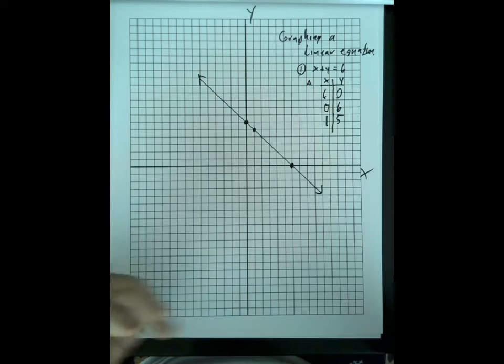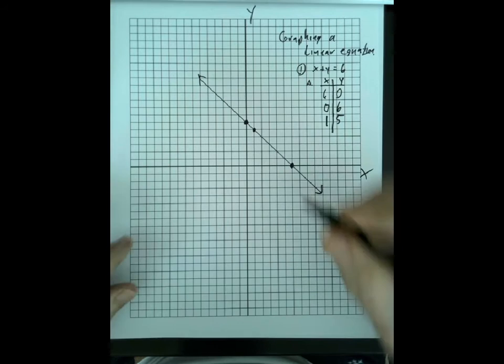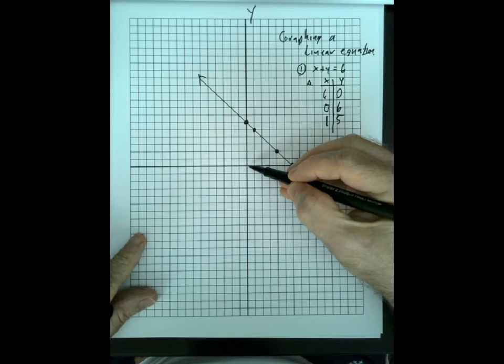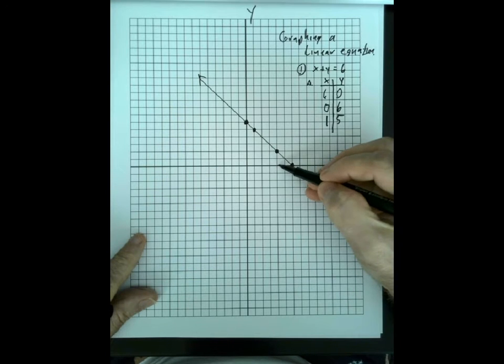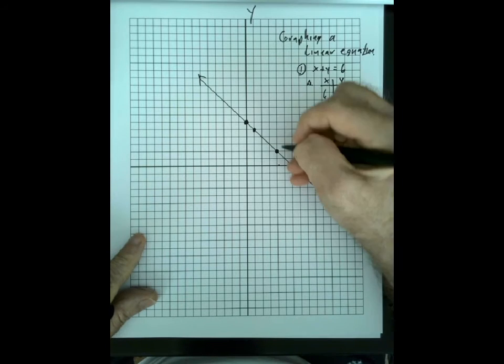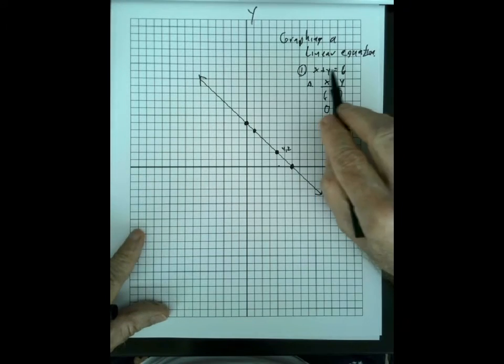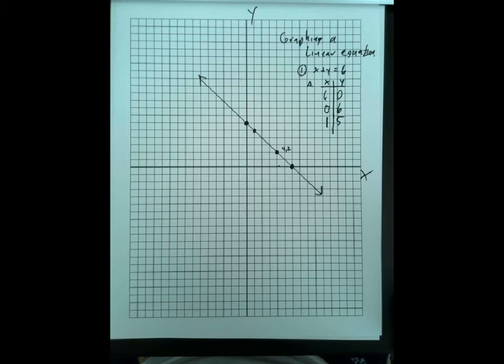So for instance, this point here is over 4 up 2. So that's the ordered pair of 4, 2. And oh look, 4 plus 2 gives you 6. Okay? So that's how that goes with graphing linear equations.